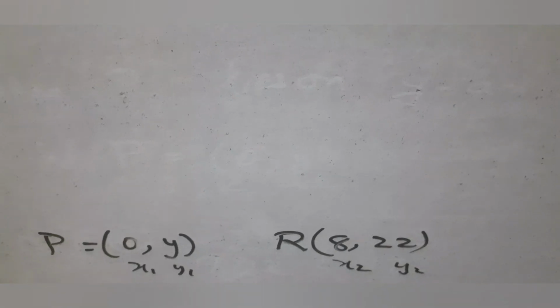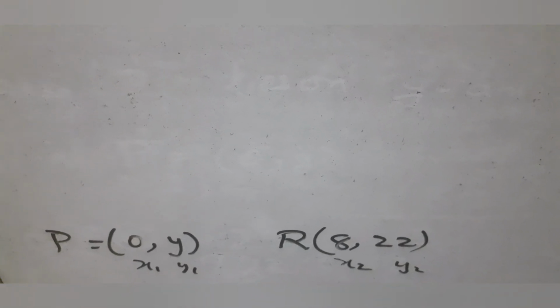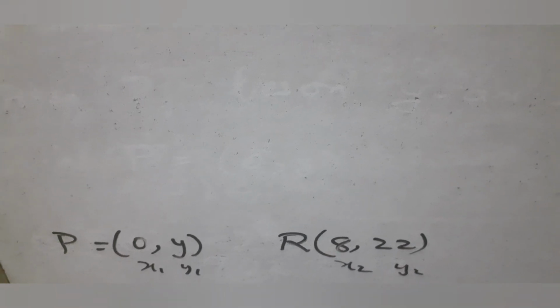Given that gradient of PR is 2 units, so we find the gradient of PR using these coordinates.